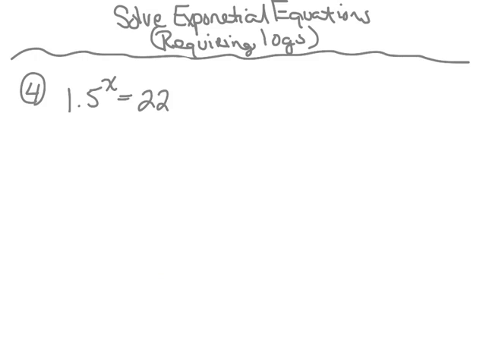Number 4, we have the exponential 1.5 to the x power is equal to 22. We're going to start off by rewriting this as a log. So this now becomes the log. The base is 1.5 of 22 equals x. Now we're going to use that change of base property.